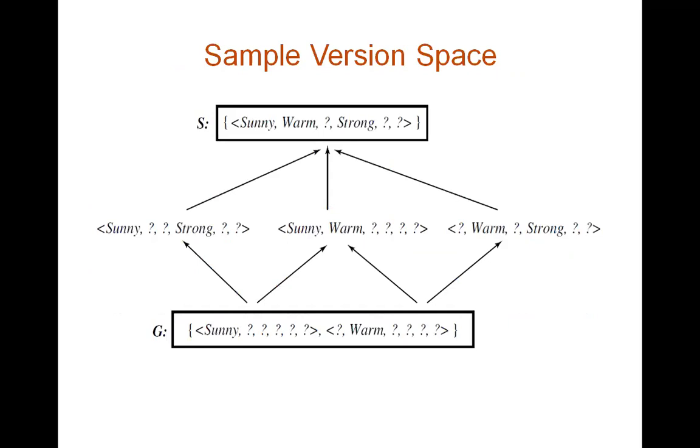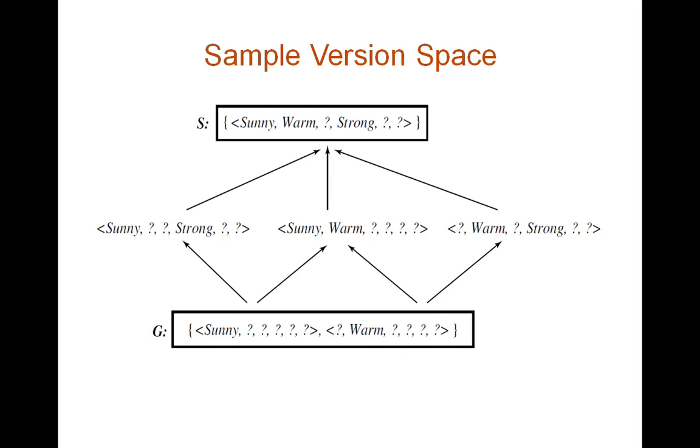See, in the Find-S algorithm, for those four data examples, you got only one hypothesis. Now, the sample version space for the same data set: you can see here, so many hypotheses are there. This is H0, H1, H2, H3, H4, and H5. So 6 hypotheses are possible for the same data set.